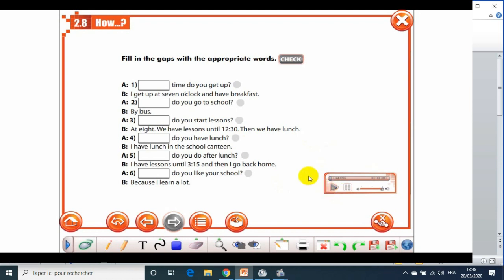For example, you write number A1, A2, A3, A4, A5 and A6, and you write the appropriate word or the correct word. Okay, a paper or exercise copybook and a pen. Come on. Start.